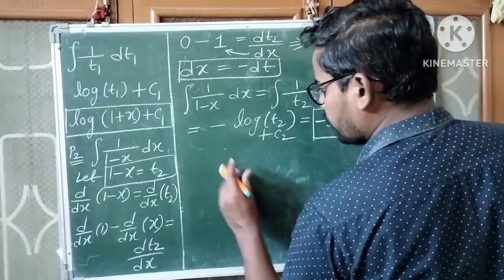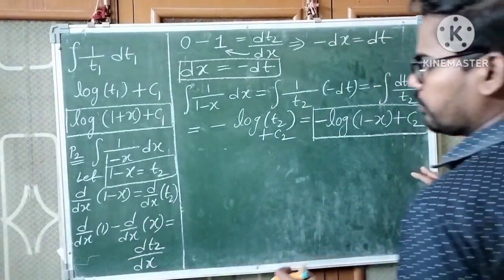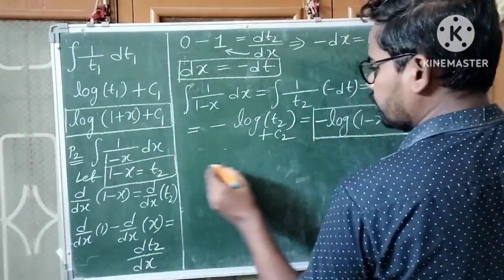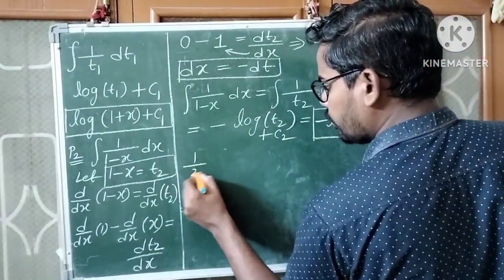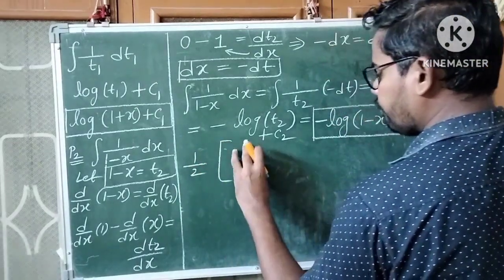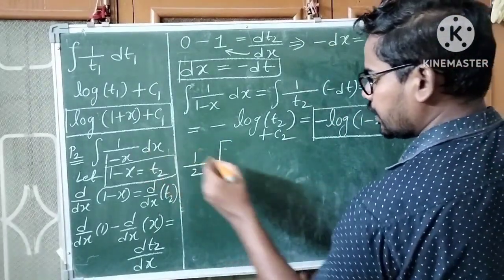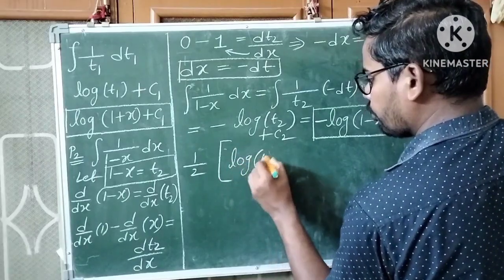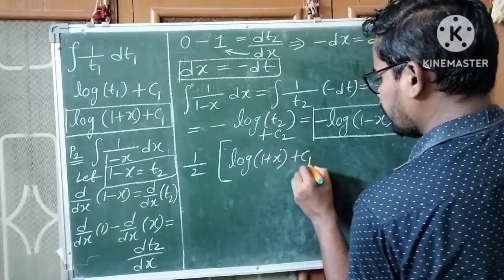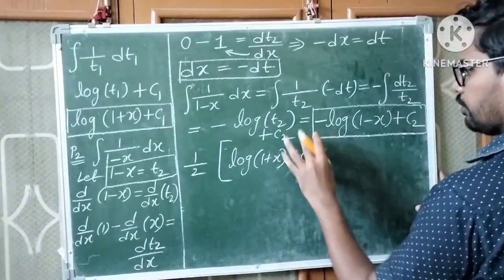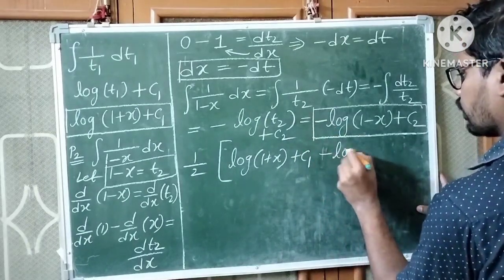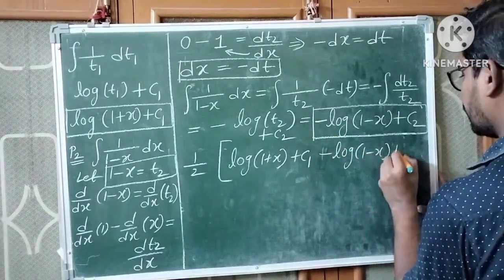Now combine part 1 and part 2. We have part 1 and part 2. Now, half of the integral of 1 by 1 plus x is log of 1 plus x plus c1, plus part 2, minus log of 1 minus x plus c2.